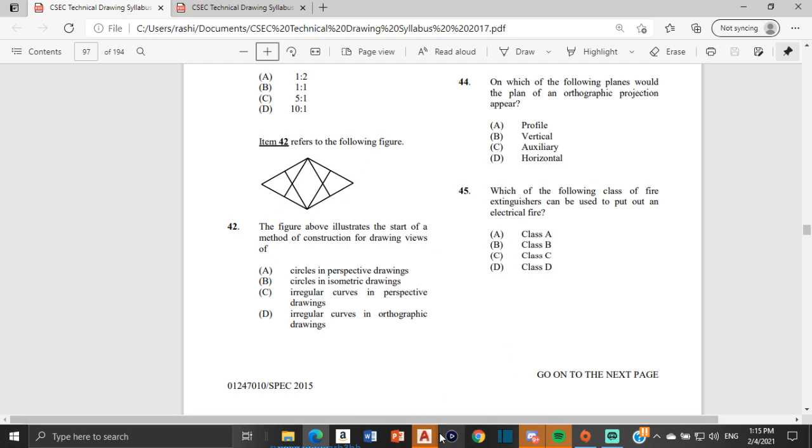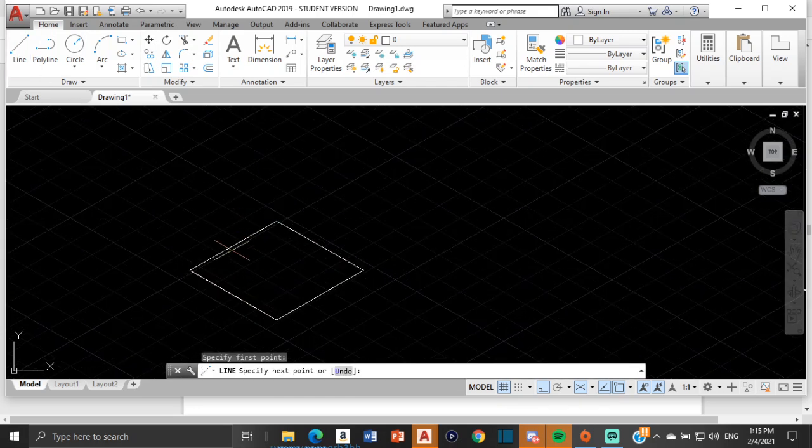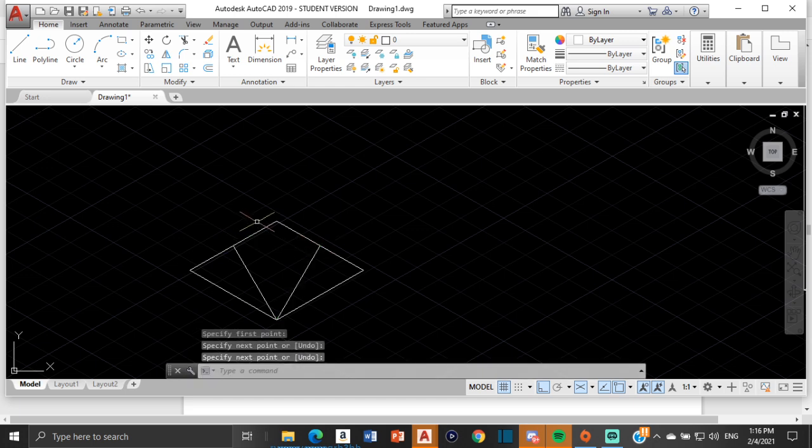So if I was to draw a line from here to the center of this line, the center of the line, sorry, not center line, but the center of the line. And from there to the center of this line. Also from here to the center of this line, which would be here. And from here to the center of this line, which would be right there.